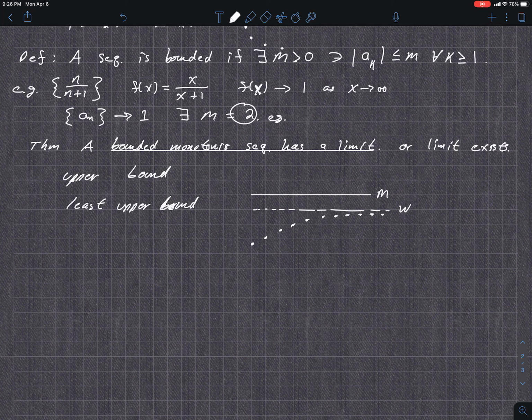The sequence never gets above that. It always keeps getting closer to w, which would be the least upper bound. Those are topics you can get into more later if you're studying more math, but I'm not going to get into that right now in detail.